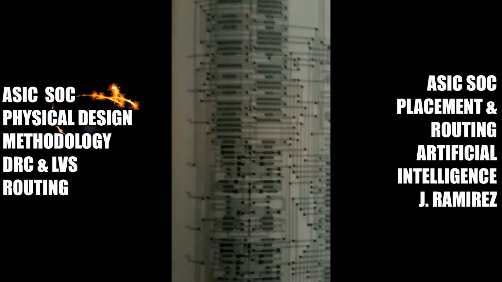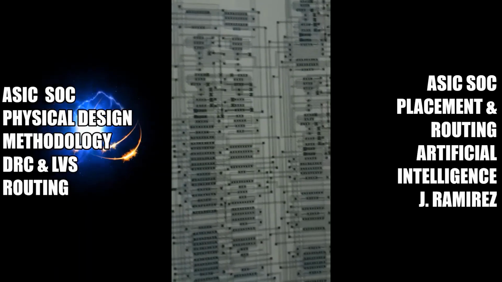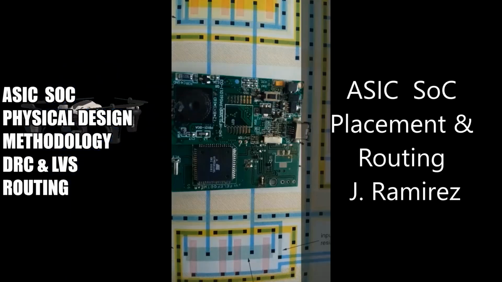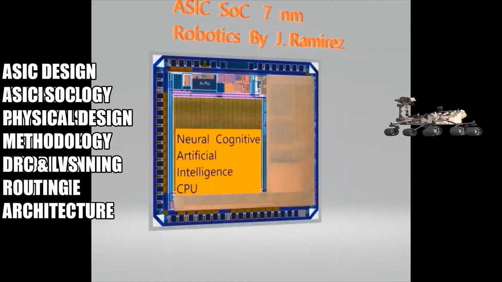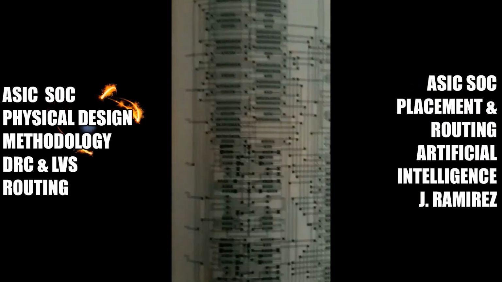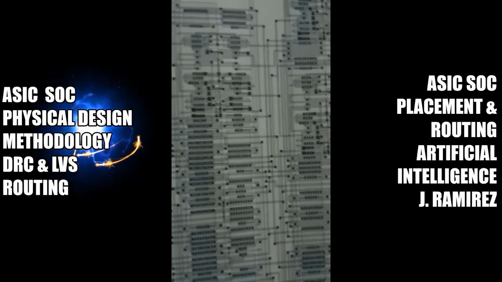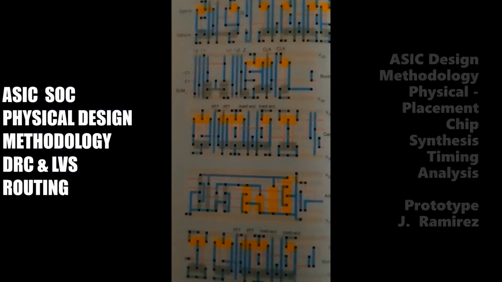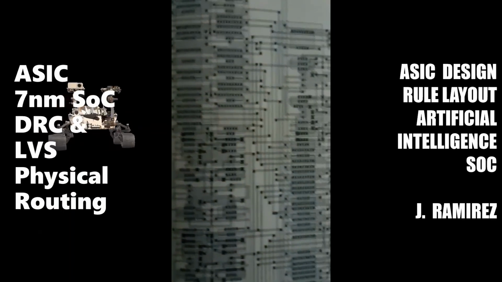The LVS check is not as straightforward as it may sound. The first problem is that the transistor-level netlist for a large ASIC forms an enormous graph. The LVS software essentially has to match this graph against a reference graph that describes the design, ensuring that every node corresponds exactly to a corresponding element in the schematic. This is a very difficult task.